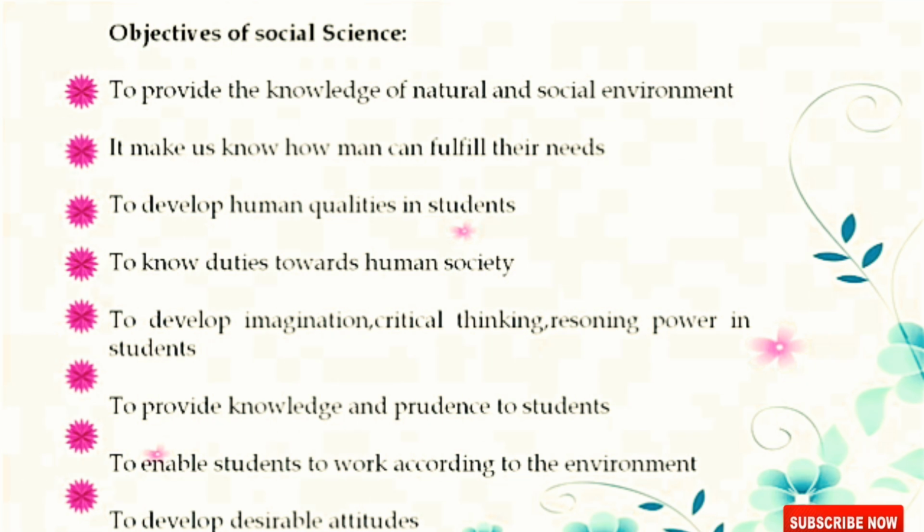We will discuss the objectives of teaching the social science curriculum in the modern era. The objectives of social science have always been to provide knowledge of the natural and social environment.